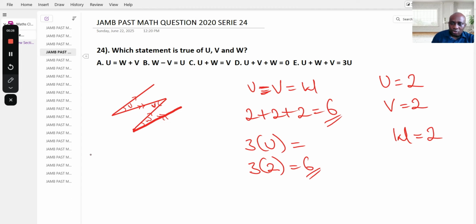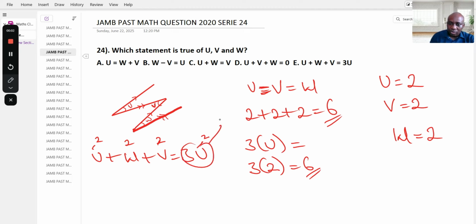Therefore, we are going to use this one: U plus W plus V equals 3U. You will see that it's the same thing. This U is 2, this W is 2, and this V is 2 as well. The total is 6. And it's the same thing as 3 times 2, which gives us 6.